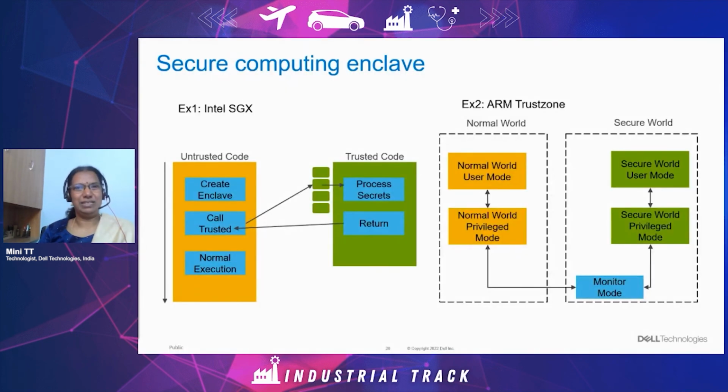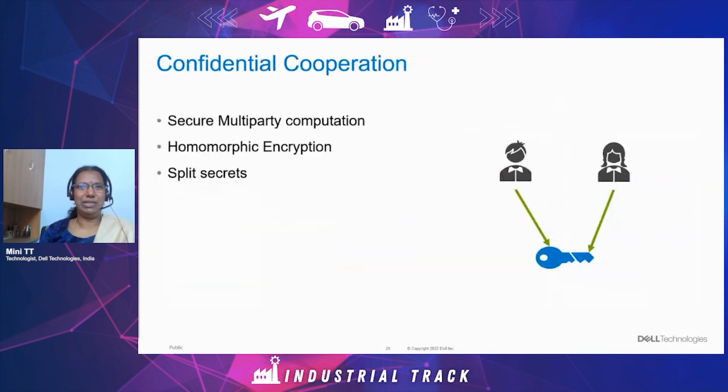That is where these compute enclaves come in, like I explained already, the Intel SGX and the ARM TrustZone kind of compute enclaves with normal world and secure world. Can we use other mathematics-based concepts for confidential computation so that we don't have to share the data itself? This is where other algorithmic methods come in, like secure multi-party computation or homomorphic encryption, or other methods of split secrets, like the Shamir secret sharing scheme. Homomorphic encryption is where we take your data and compute over the encrypted data.